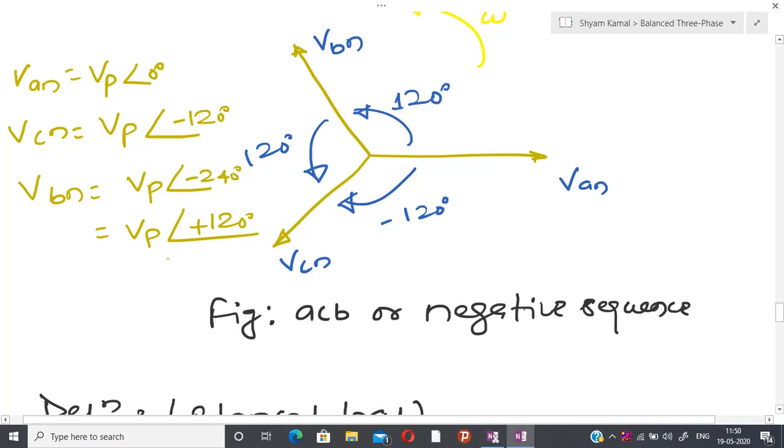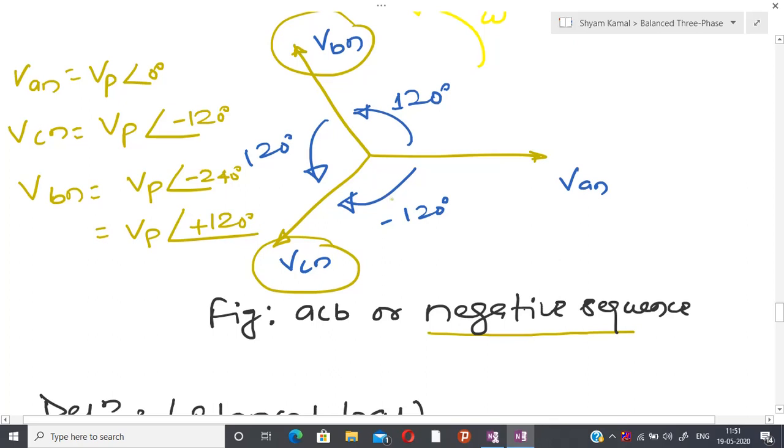So this sequence, if you plot it, is called the negative sequence. In this particular sequence, VAN leads VCN. In the positive sequence VAN leads VBN, but here VAN leads VCN by 120 degree, which in turn leads VBN by again 120 degree.